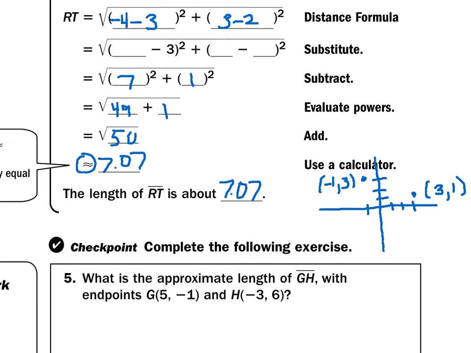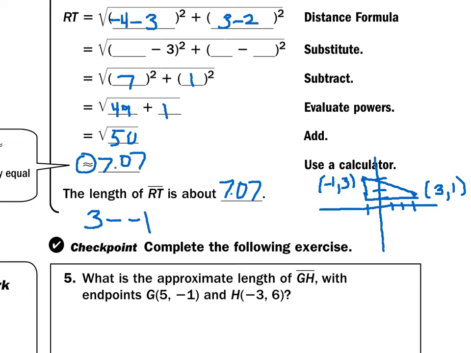Okay, let's visualize our right triangle through these points. There we go. And then again, how long is it? Well, we could count if we had to, but we could also subtract the x values. So let's do that. Let's say 3 minus a -1.